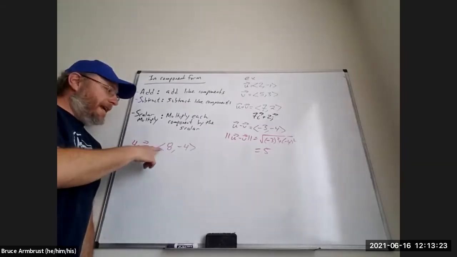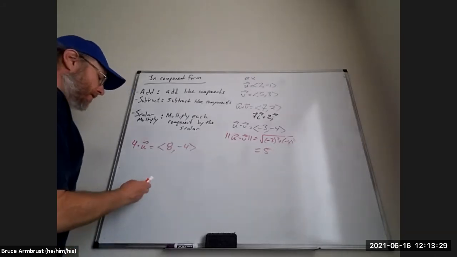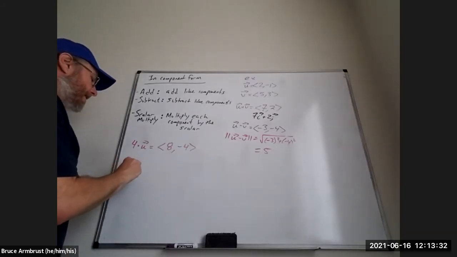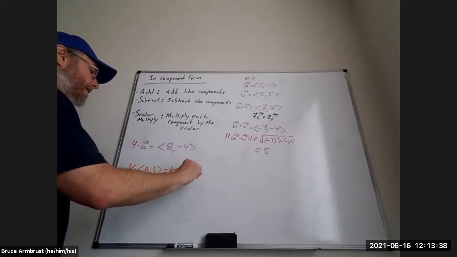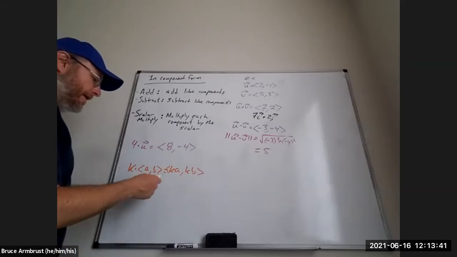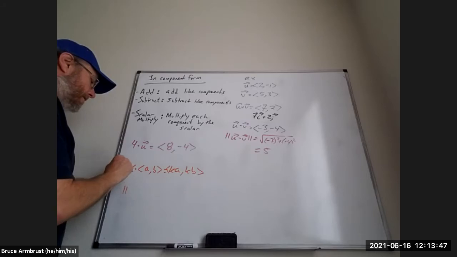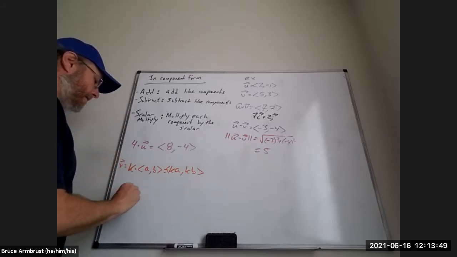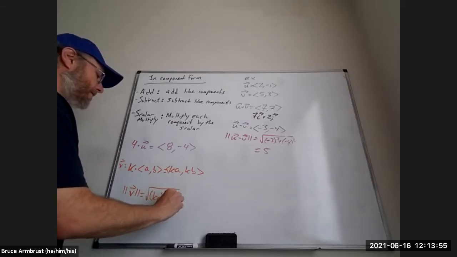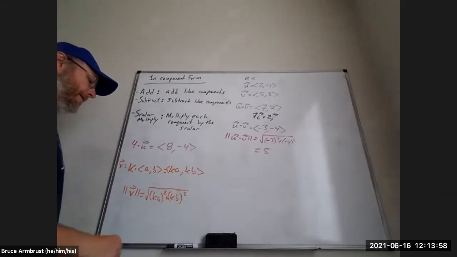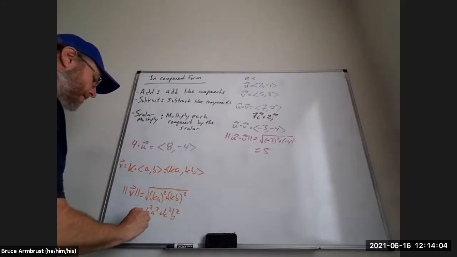All right, so now that we see how that's done, I can actually show you why multiplying by a scalar changes the length. So let's just do a generic k times a, b. So this is going to be ka, kb. And let's find the magnitude of this. So let's just call this v. The magnitude of v then is going to be the square root of ka squared plus kb squared. If I square through, that's k squared a squared plus k squared b squared.